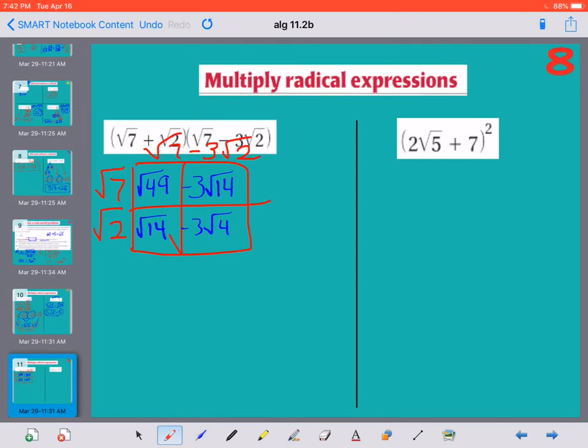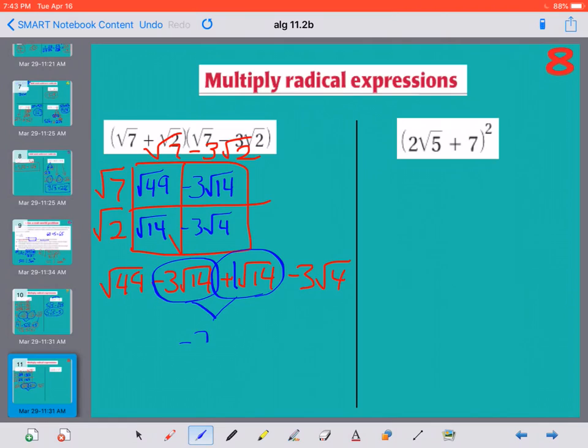So if I write this all out, then I'll have the square root of 49 minus 3 times the square root of 14 plus the square root of 14 minus 3 times the square root of 4. Now remember to add this 1 in front, because now we have negative 3 plus 1. We can add these together because they have the same radical.